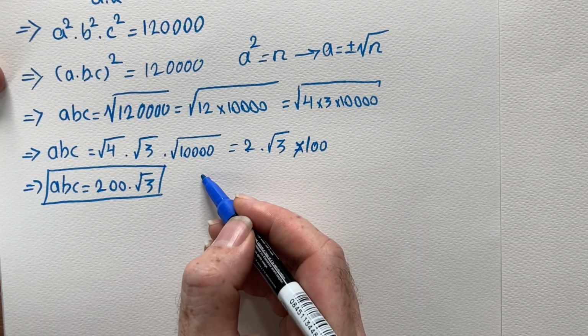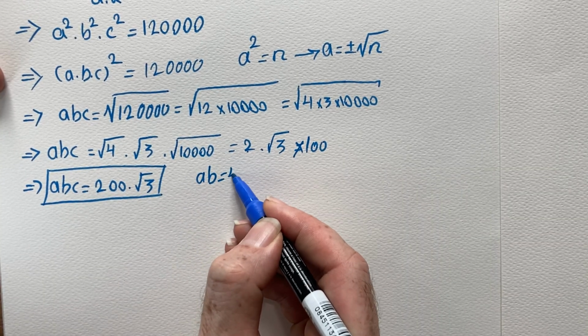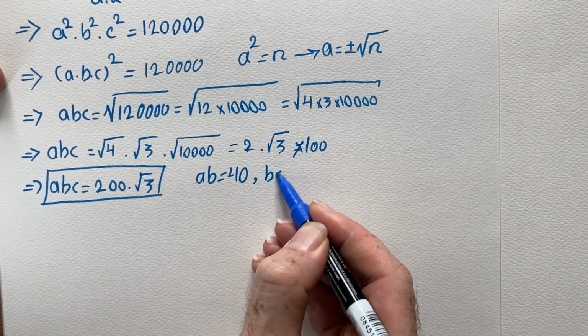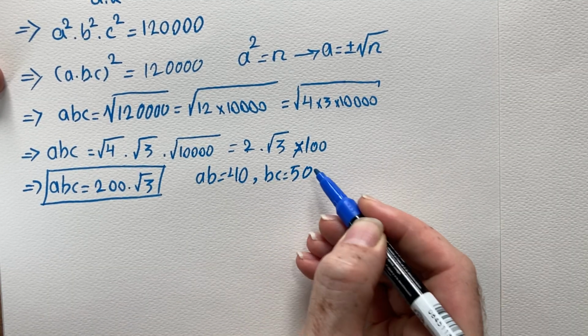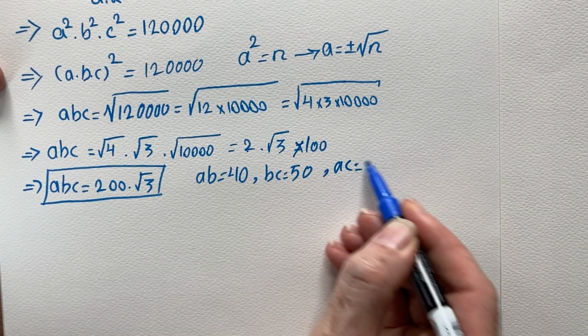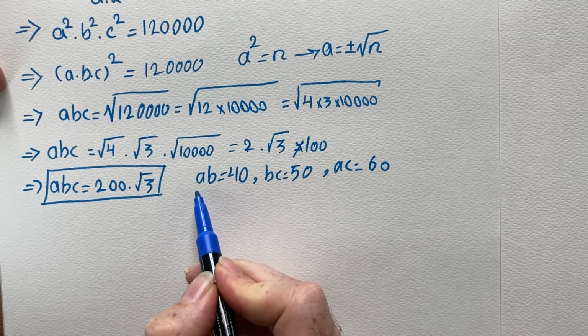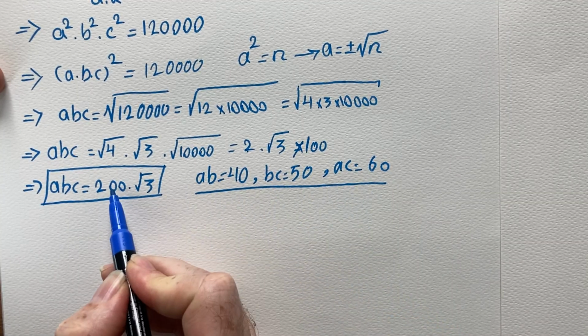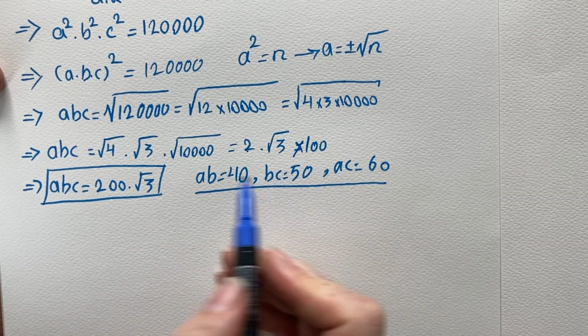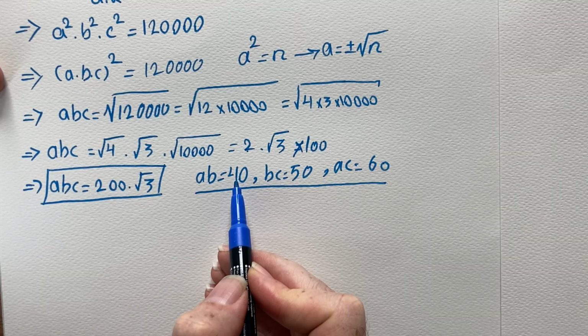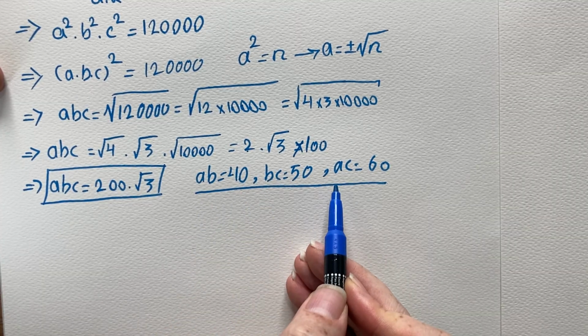As you know, the question says the value of AB is 40, the value of BC is 50, and the value of AC is 60. Now look here, we have this information and this information.